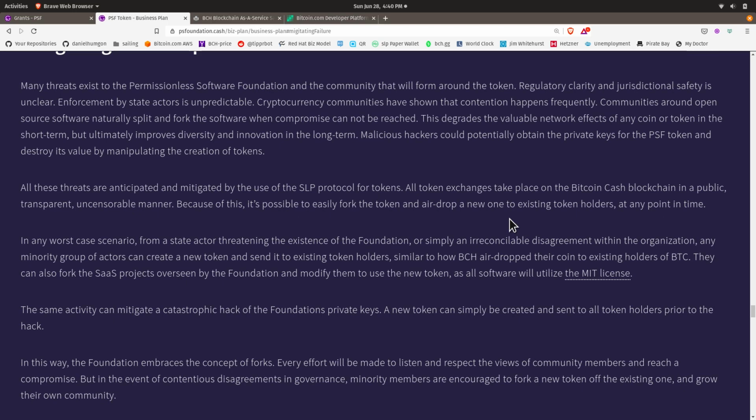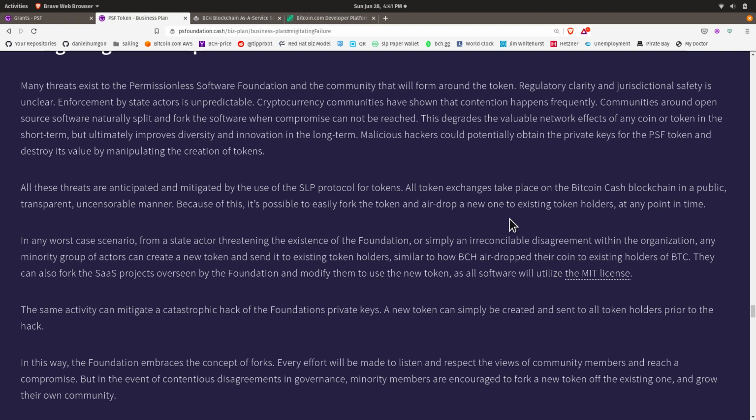We are a global community, and so the jurisdiction in one area is not the same elsewhere. We could get our keys hacked or embezzled. All these problems exist, and so the way that we can mitigate these catastrophic failures is to fork.